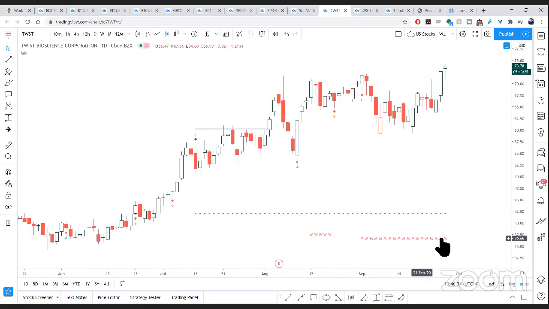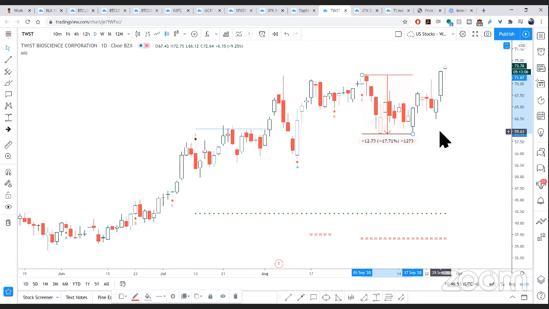The monthly is telling me we topped, but we also did correct earlier this month, right here. And that correction earlier this month was 17% twice. So you could have definitely made money on the short side with the MRI monthly top.